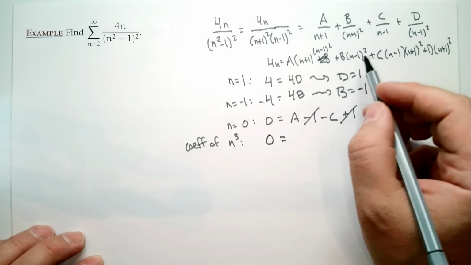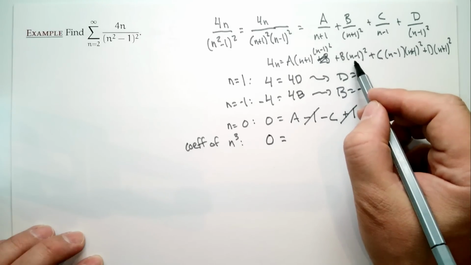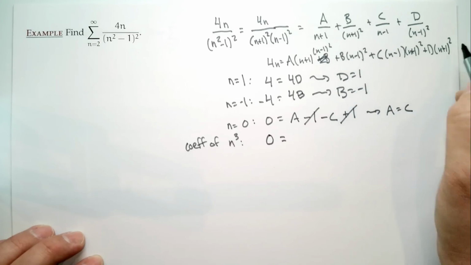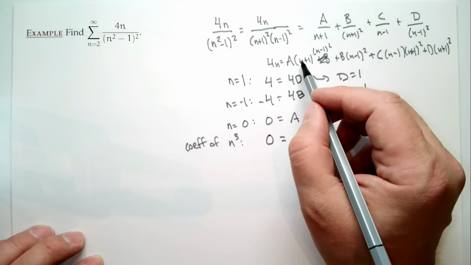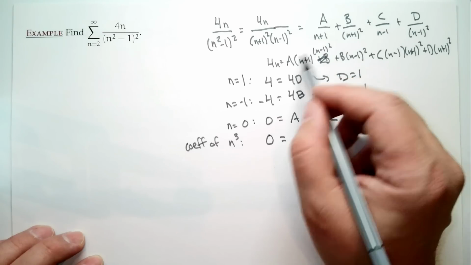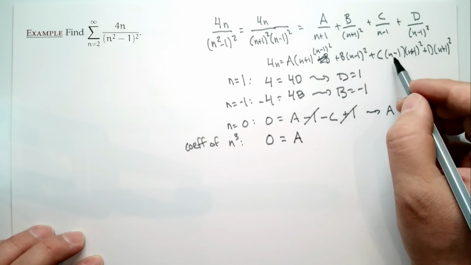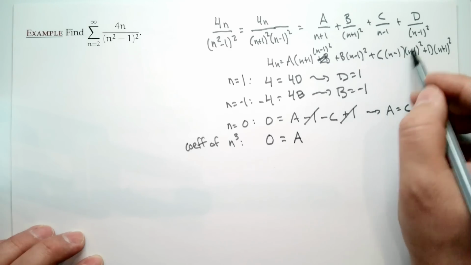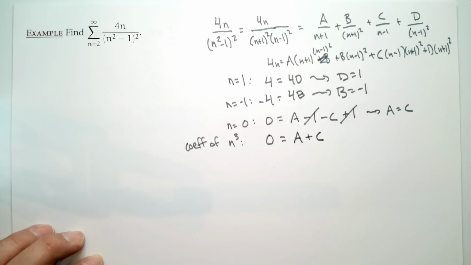On the right-hand side, the highest power of n in the b and d pieces is n squared, so we get nothing from those. From the first piece, the highest power is n cubed, and the way you get n cubed is n times a, so it's simply a. From the third piece, the coefficient for n cubed would be 1 times c. So by looking at the coefficient of n cubed, we get 0 equals a plus c.